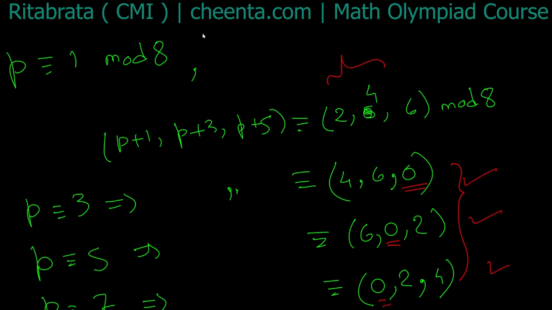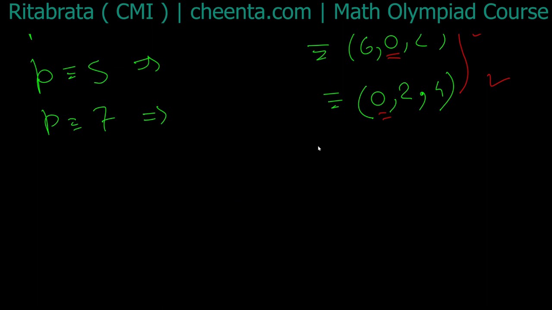When p is congruent to 1 mod 8, none of the numbers p plus 1, p plus 3 and p plus 5 is divisible by 8. So if p is of the form 8k plus 1, we have a problem. Take any prime of the form 8k plus 1, so keep putting in values until you get a prime. k equal to 1 gives 9, not prime, but k equal to 2 means p is 17.